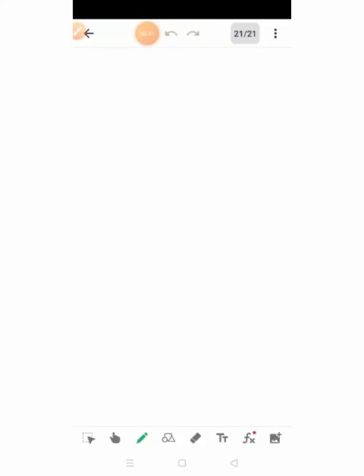We need to draw a line segment. Let me draw a straight line, a little smaller, this much. This is A and this is B. The line segment is 8 centimeter. Taking A as center, we need to draw a circle of radius 4 centimeter.